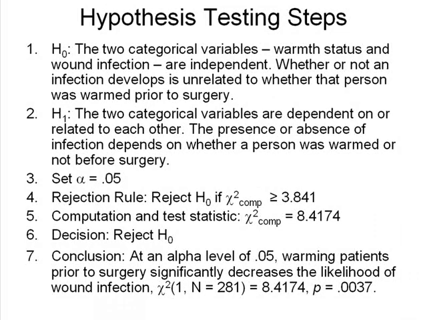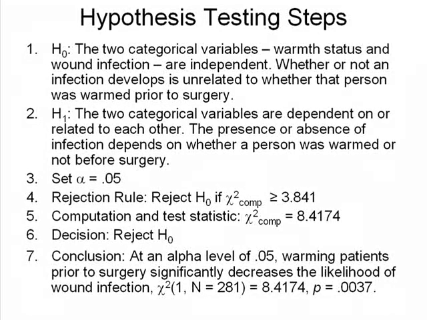Our rejection rule is pretty much what it's been before, but we don't need the absolute value sign. So we say reject HO if chi-square comp is greater than or equal to. Step number 5, we just put what our test statistic was, same as always. 6, same as always, we just say reject HO, or we say fail to reject. In this case, we rejected HO.